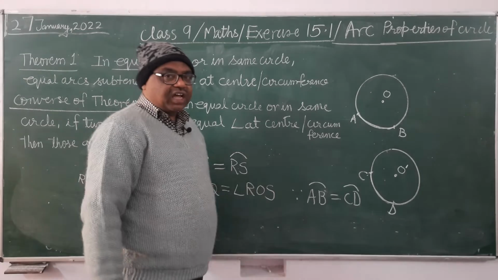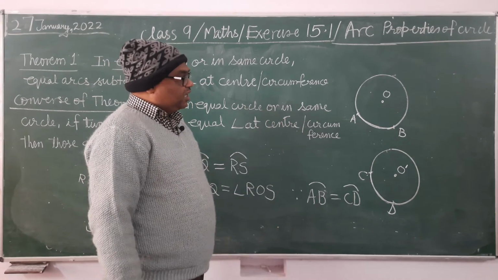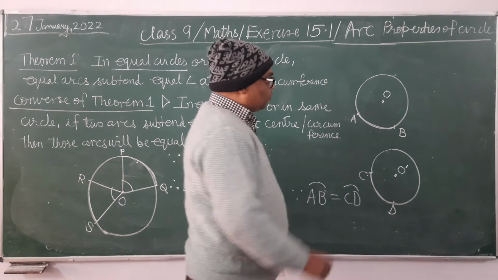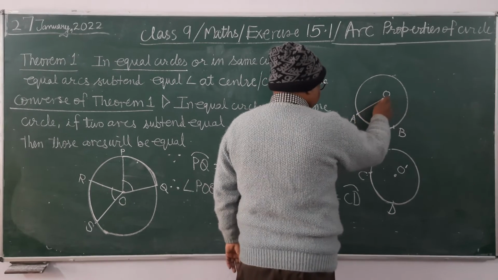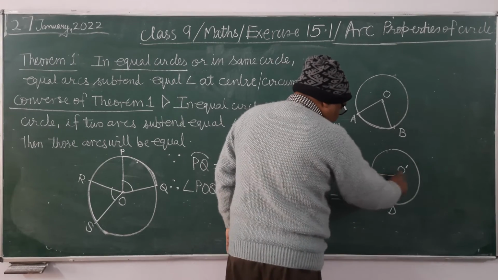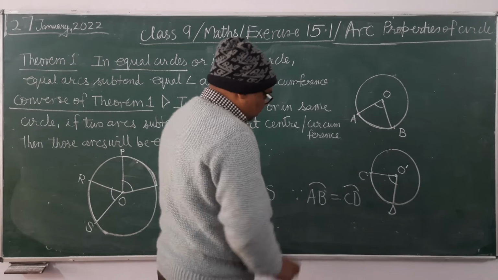Since the circles are of equal size, they have the same radii, therefore the angles subtended by these arcs at the center will be equal. What is the angle subtended by this arc? AOB. What is the angle subtended by this arc? COD. This angle will be equal to this angle.